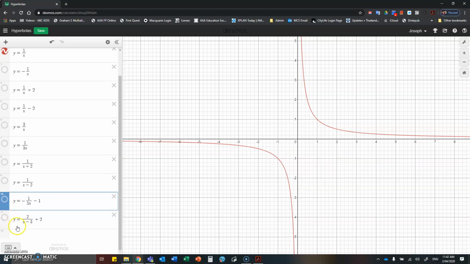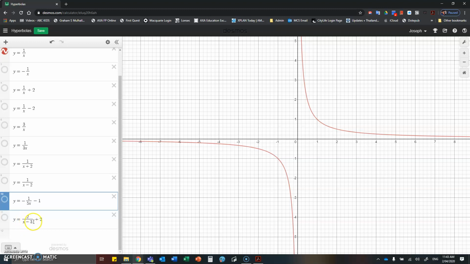In this case, we've got y equals 2 over x minus 3, plus 2. The minus 3 at the bottom is going to cause the hyperbola to translate horizontally 3 units to the right. So this is the only case where you need to think the opposite of what the sign is right now.